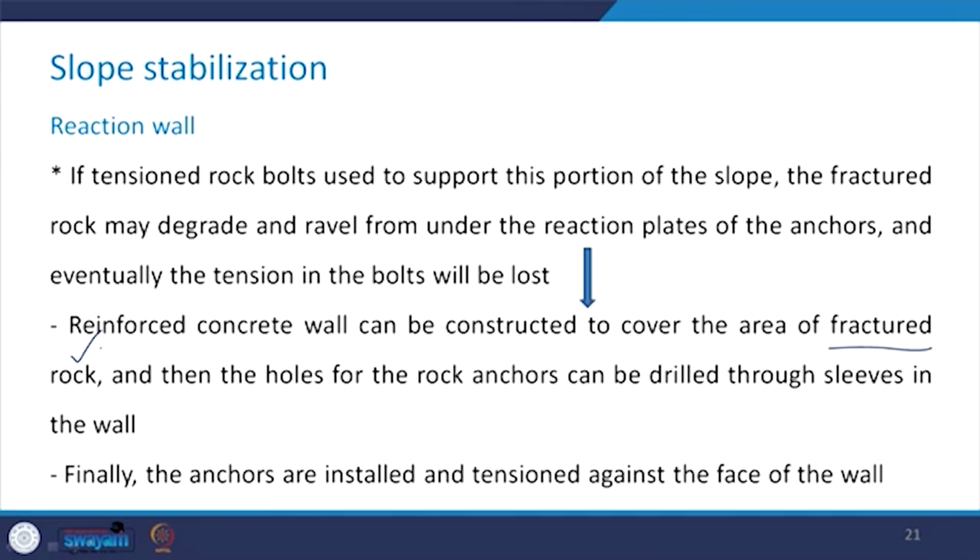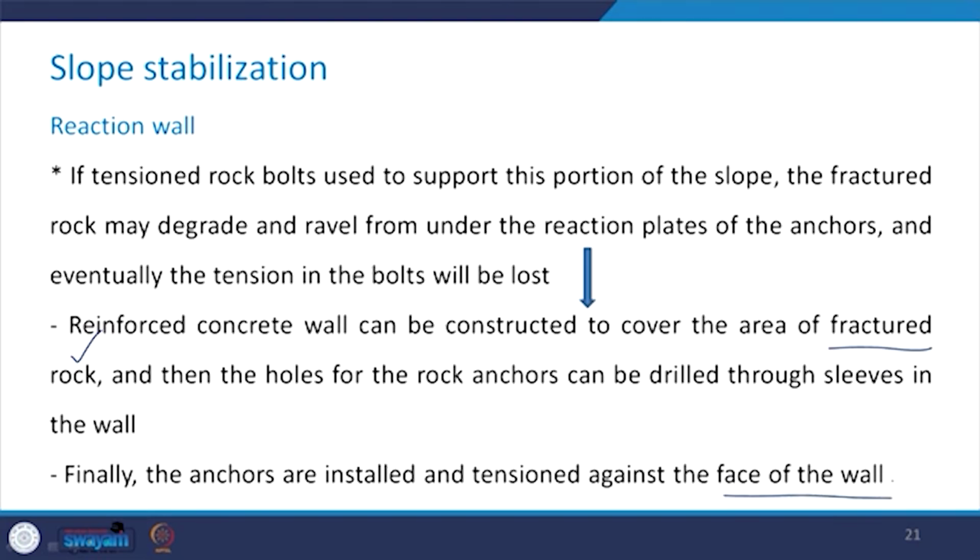Therefore, a reinforced concrete wall can be constructed to cover the area of this fractured rock, and then the holes for the rock anchors can be drilled through the sleeves in the wall, and finally you install the anchors and tension them against the face of the wall.